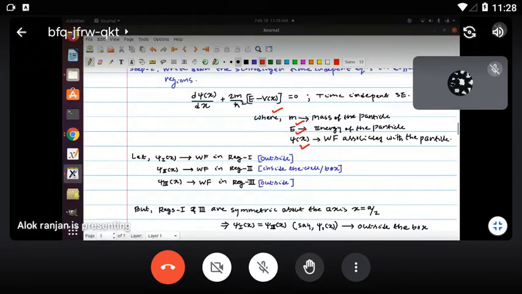So psi 1 is the wave function in the first region, which is outside the box, psi 2 is inside the box, or inside the potential well, and psi 3 is outside the box.